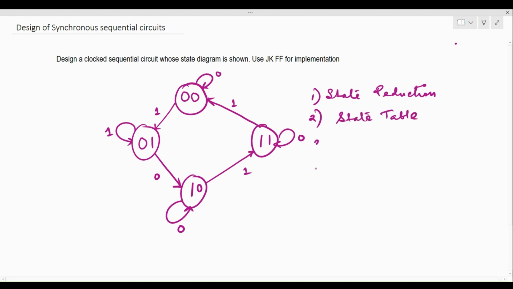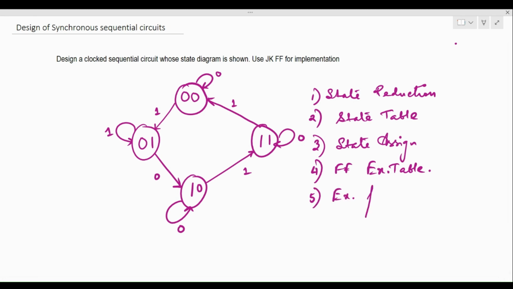The third step is to perform state assignment, and this is followed by obtaining the flip-flop excitation table, and from that we obtain the expressions for the flip-flop inputs and the outputs, and lastly we have the implementation.